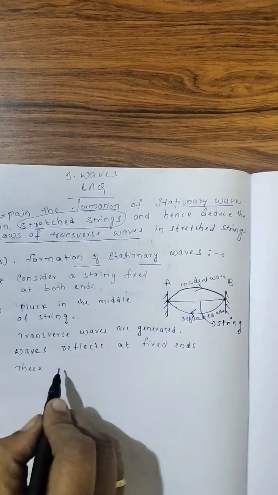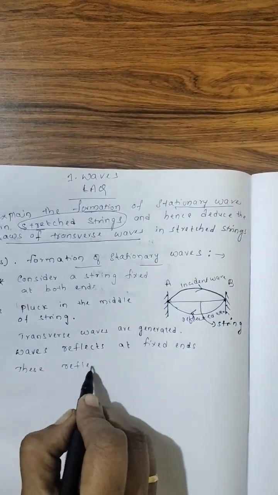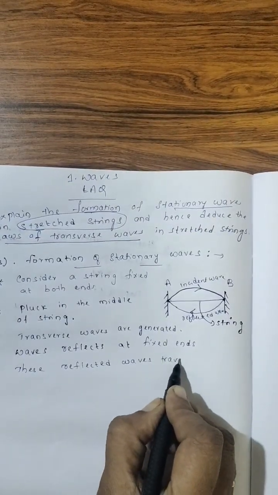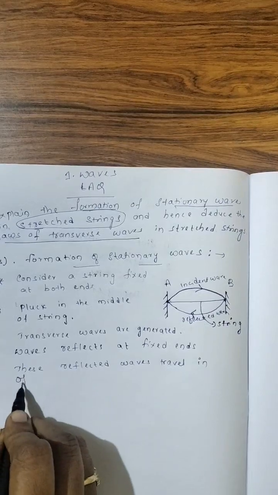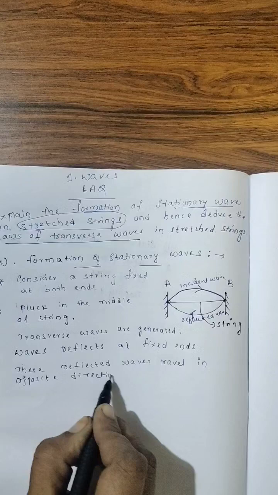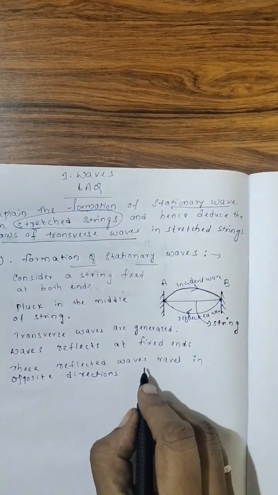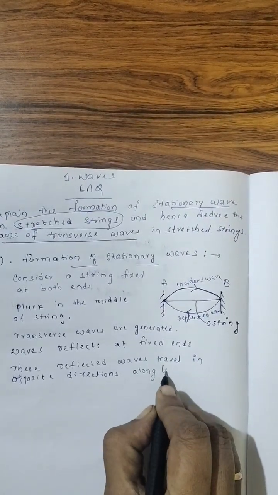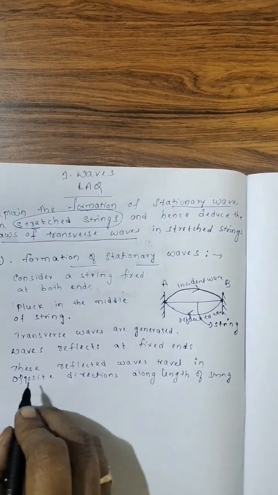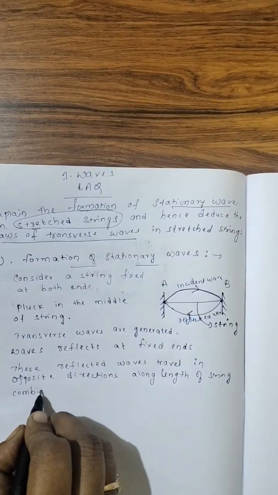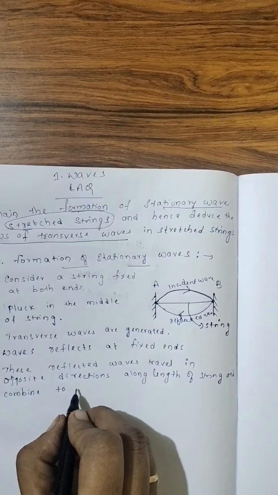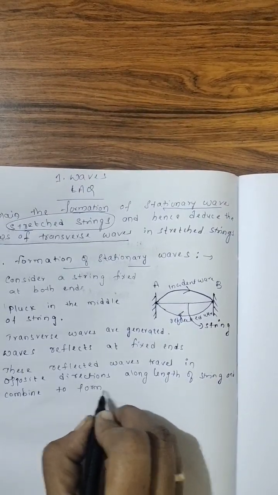These incident and reflected waves travel in opposite directions along the length of the string and combine to form stationary waves.